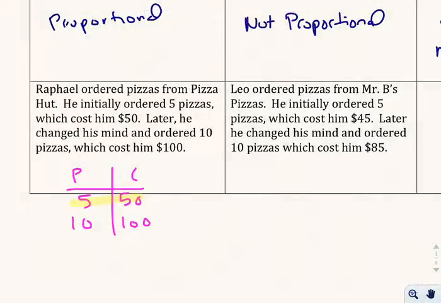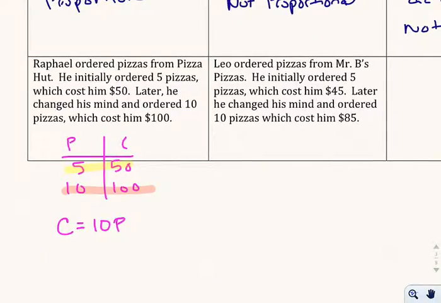That implies the process is going to be 5 times 10. On this one, it goes from 10 to 100, which implies the rule is going to be 10 times 10. So if we look at our rule as a whole, the cost of pizza is going to be 10 times the number of pizzas given. There's no addition there. It's a direct multiplier. That leads us to think that this guy should be proportional.